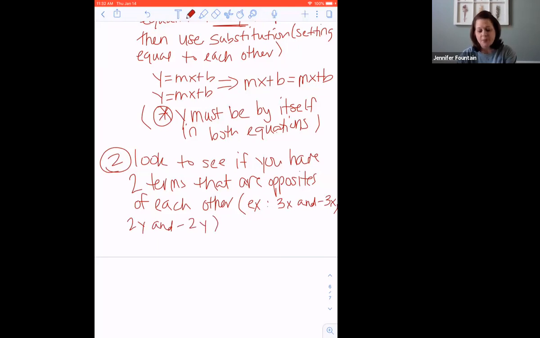Okay, those are my examples. Okay, do I have like terms, but they've got to be opposite. So I know one has to be positive, one has to be negative, but they've got the same coefficient and the same variable. So if I see that I have two terms that are opposites, I'm going to solve by addition.